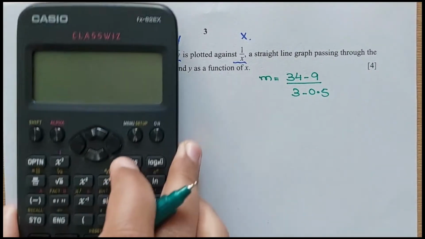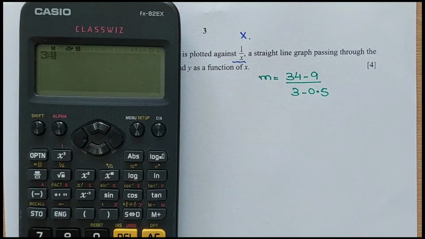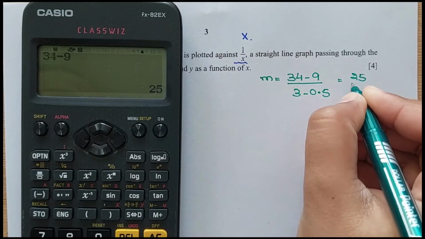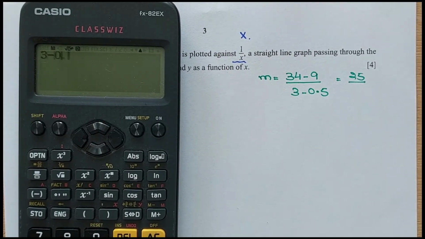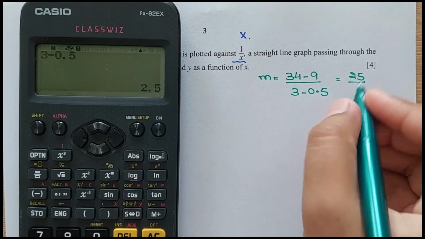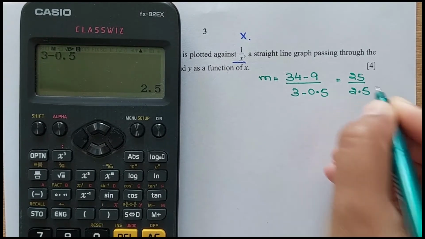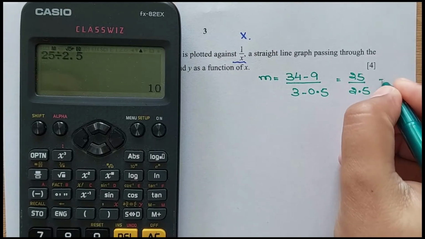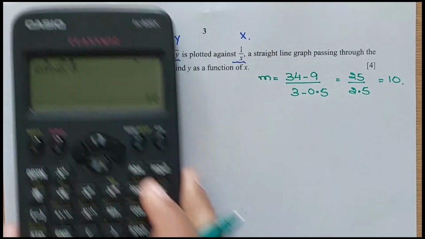Right, so let's do it. 34 subtract 9 is 25, divided by 3 minus 0.5, which is 2.5. 25 divided by 2.5 is 10. So the slope is 10.